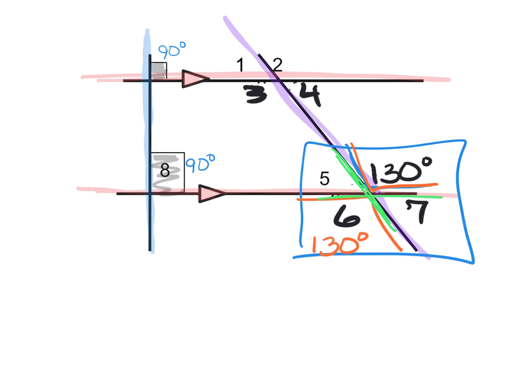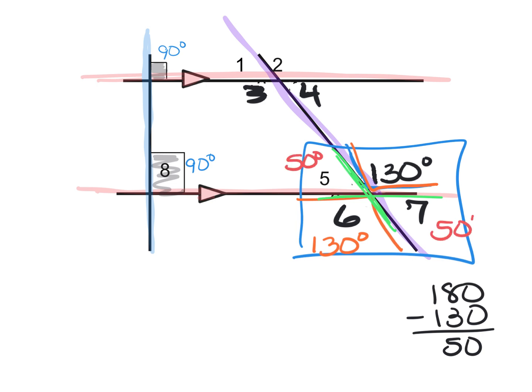So to figure out the measure of angle 5 or 7, all I have to do is 180 minus 130, and that missing angle of 5 is going to be 50 degrees. And 7 is vertical to 5, or again, you can think of it as being a linear pair with 6, or a linear pair with the 130.